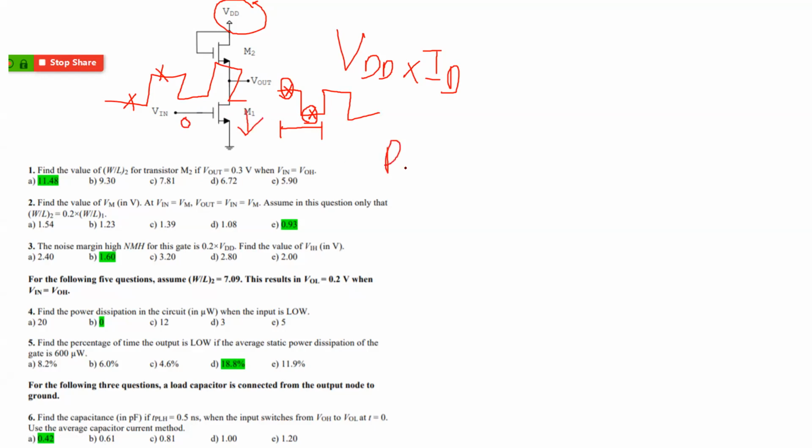So P static is zero plus, when the output is low, meaning the input is high, this conducts a current, so it will be VDD times the current.